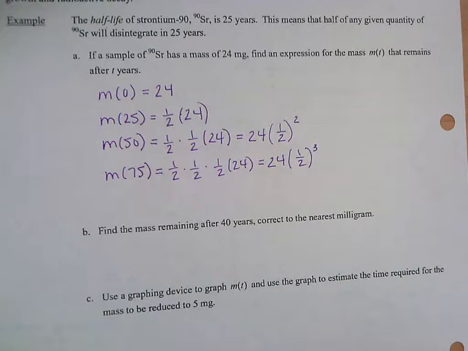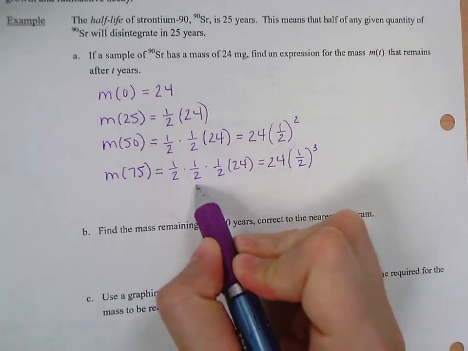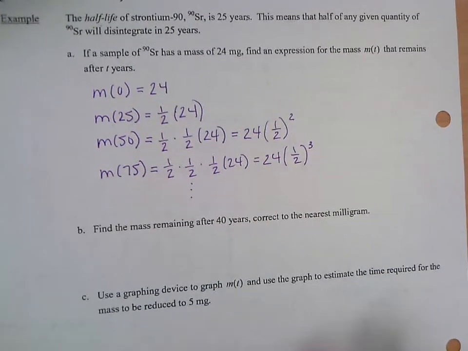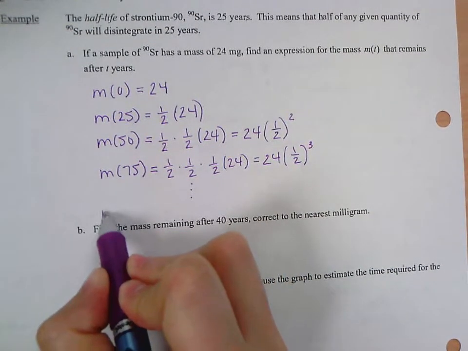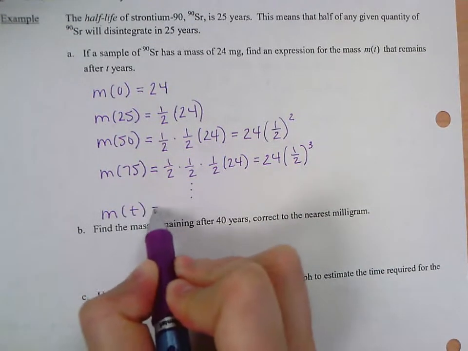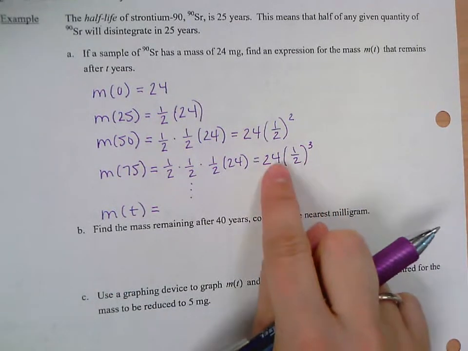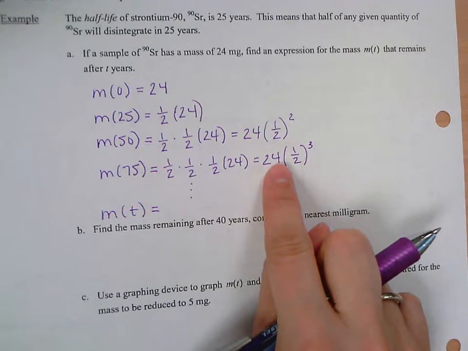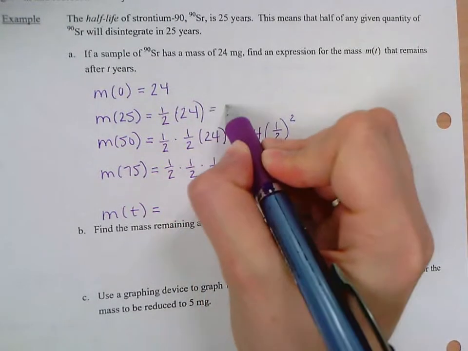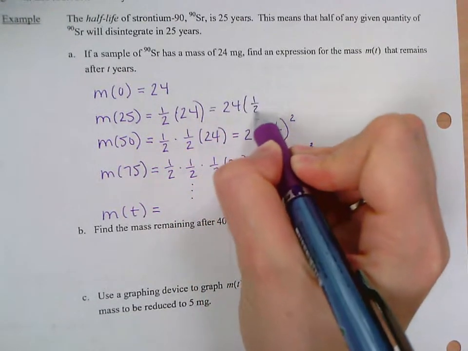Okay, that's going to keep going. This is kind of getting me to the form of my exponential function, because this one too I could switch around. This is like 24 times 1/2 to the first.